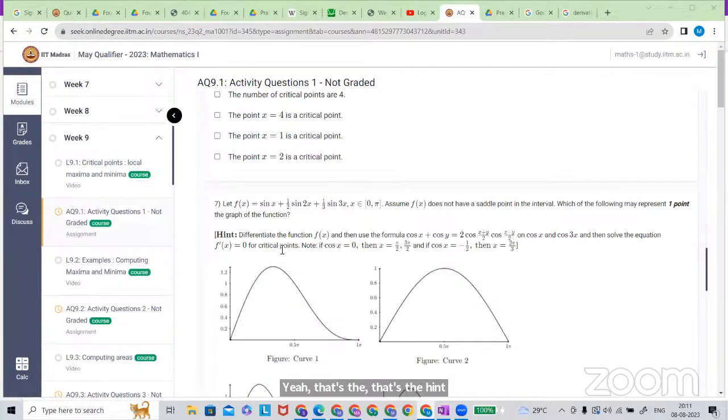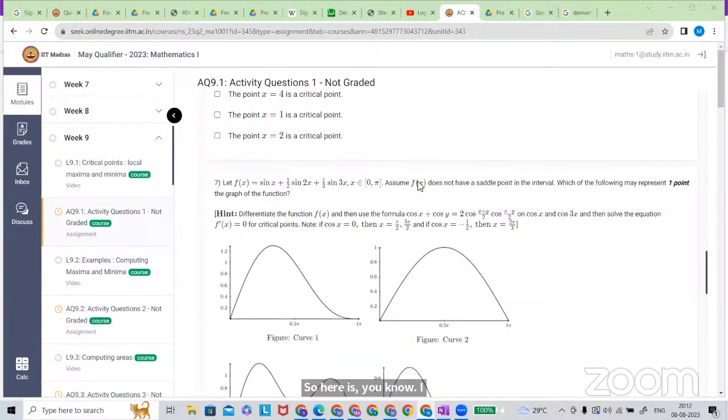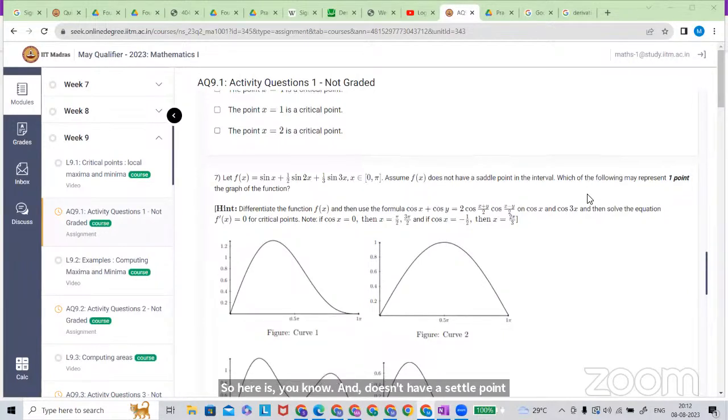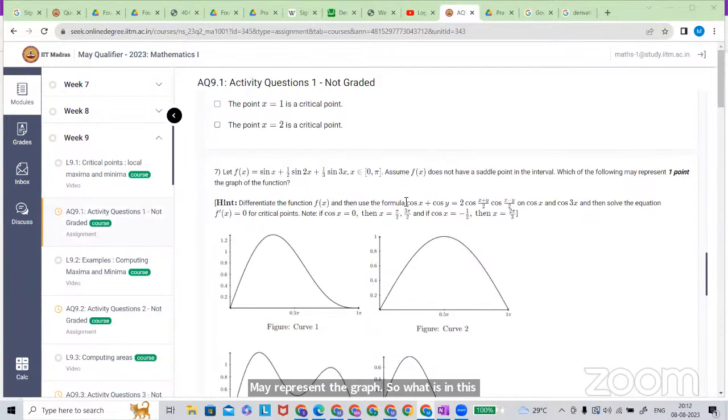See here, the hint is given. Assume f(x) doesn't have a saddle point. Which of the following may represent the graph of the function? In this problem you just need to find the number of critical points, and this function f(x) does not have any saddle point.